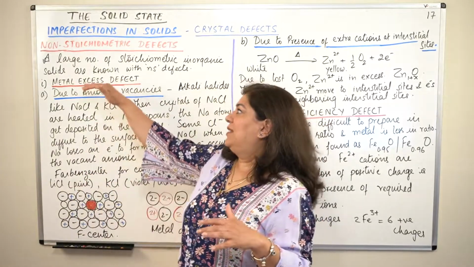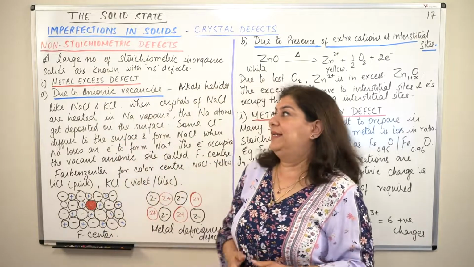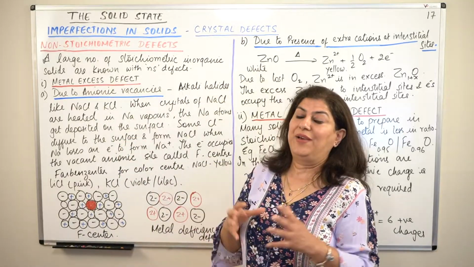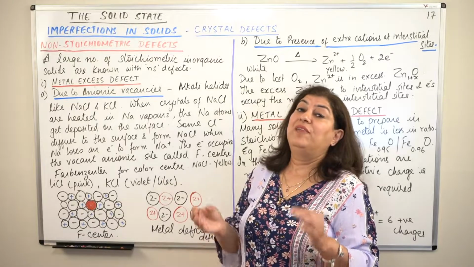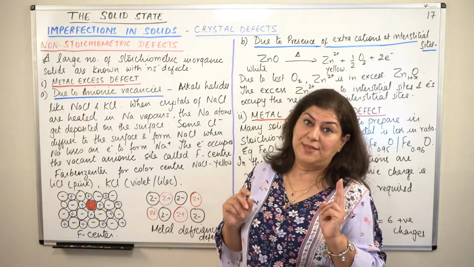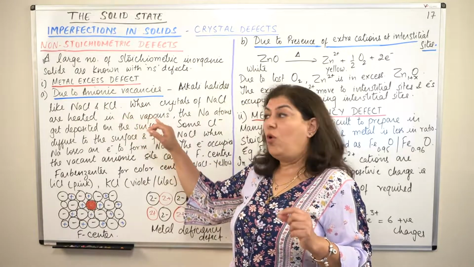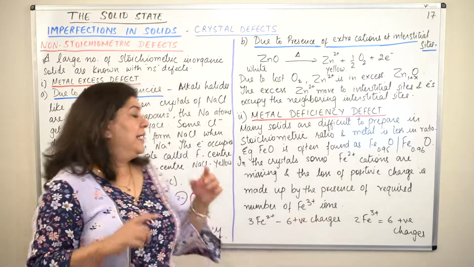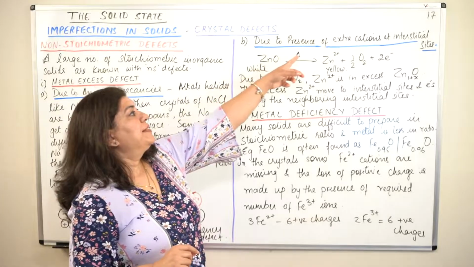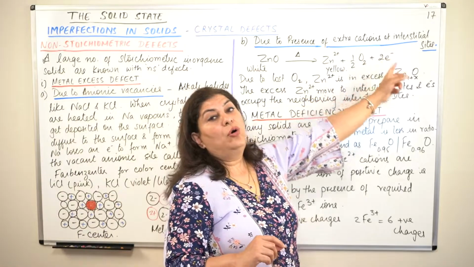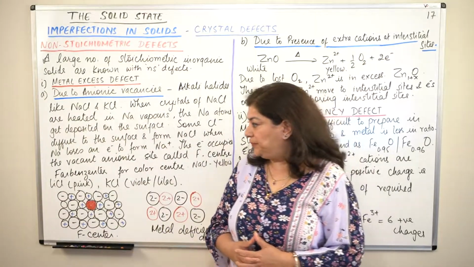So let us take the first kind, the metal excess defect. Metal excess defect can further be due to two reasons. Metal excess could be due to anionic vacancies, or metal could be in excess due to the presence of extra cations on the interstitial sites.